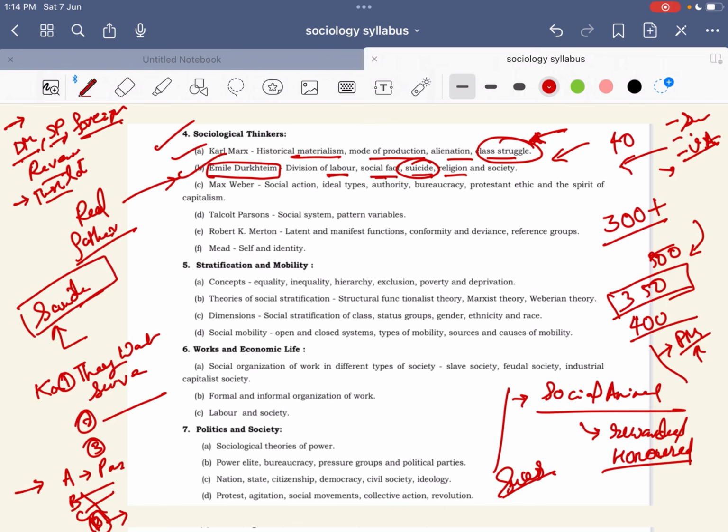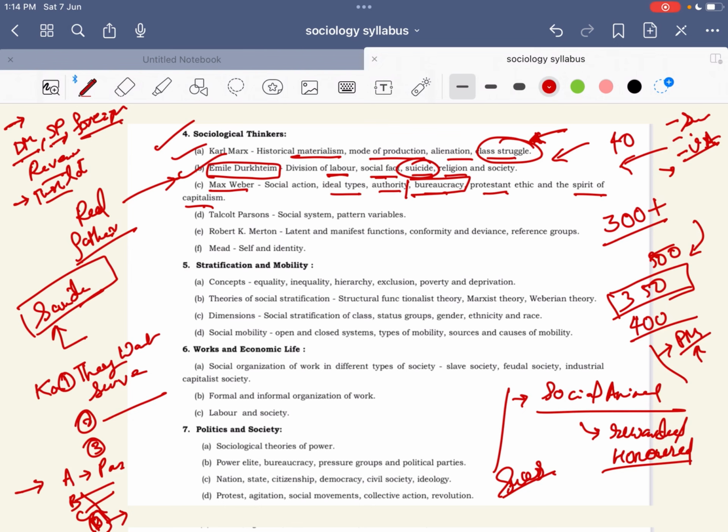देन देर इज़ अ मैक्स वेबर। ओके, मैक्स वेबर इज़ ऑल्सो वन ऑफ द ग्रेटेस्ट थिंकर। और उसका जो सिलेबस में दिया है आपको, सोशल एक्शन, आइडियल टाइप्स, ऑथोरिटी, ब्यूरोक्रेसी, तो ये सब तो दिया है। लेकिन मैक्स वेबर का सबसे इम्पोर्टेंट वर्क है ब्यूरोक्रेसी पे, तो इसलिए उसको सिलेबस में इंक्लूड किया है। एंड देन देर इज़ द प्रोटेस्टेंट एथिक एंड स्पिरिट ऑफ कैपिटलिज्म। This work of Max Weber is also very important.